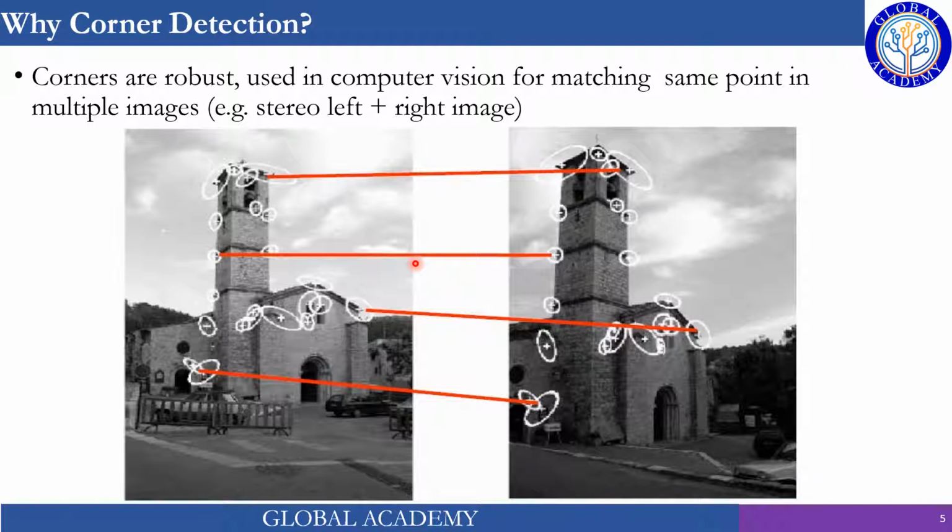This is one example, which is called stereo imaging. Nowadays we are getting more and more mobiles with multiple cameras. It's called stereo imaging. We have multiple cameras and we get different images.